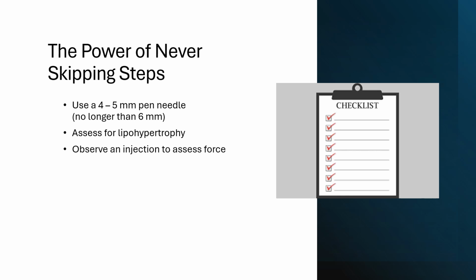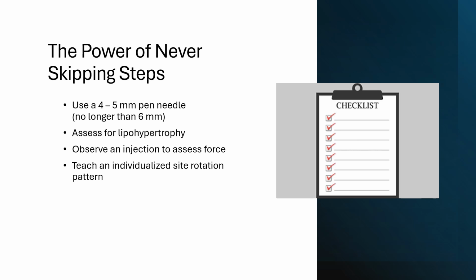We also need to observe the patient doing an injection, the force that they're using, and also observe ourselves. We're not often told how softly we need to put the insulin in, and sometimes we overdo it and push in too far. If we are teaching insulin to a patient, and really every time you give an injection in the hospital, you are teaching them through observation.